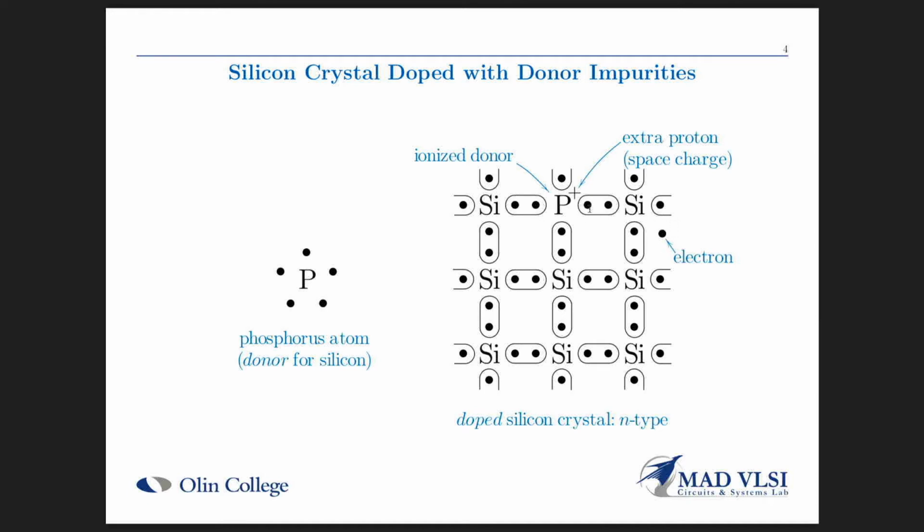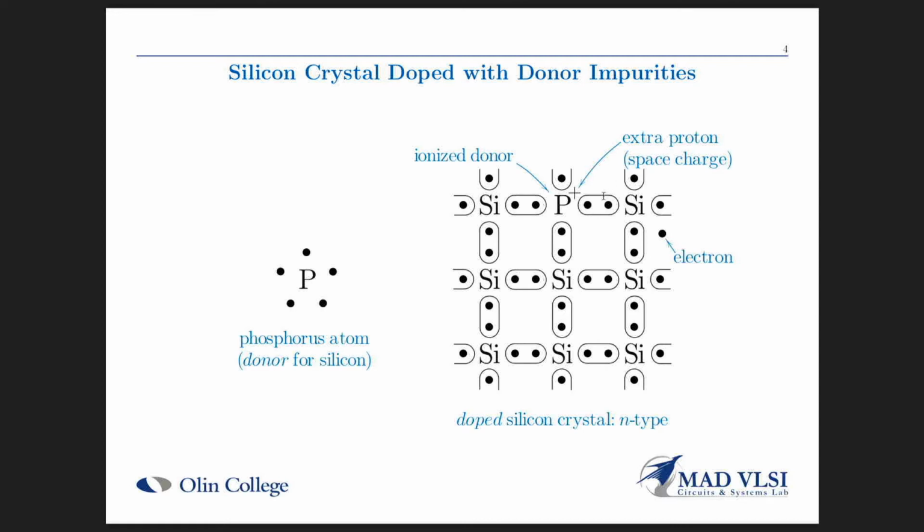And because this phosphorus atom went in charge neutral, there's an extra unbalanced proton in the nucleus at this lattice site. And so we have here an ionized donor, which is positively charged, because we lost the negatively charged electron, uncovering this extra proton. And this particular positive charge is tied to this lattice site. So it's fixed in location, so it's called a space charge.